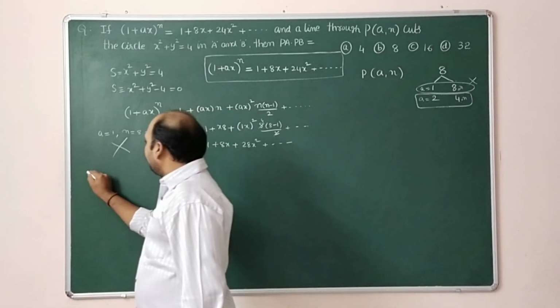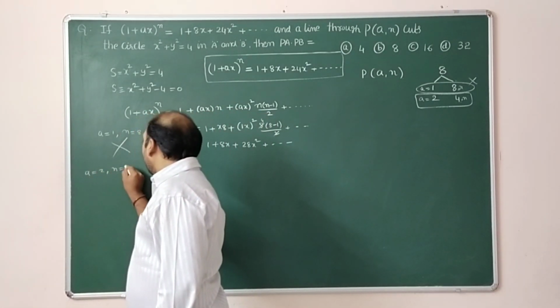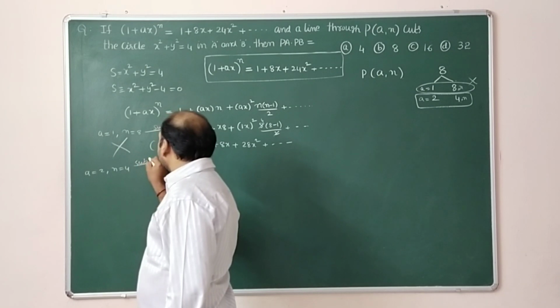So a is equal to 2, n is equal to 4, substitute in RHS.